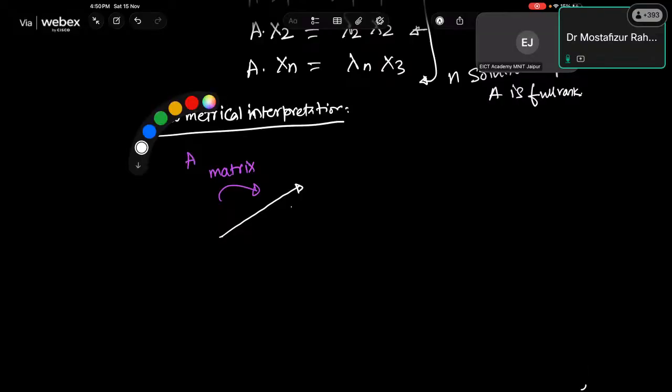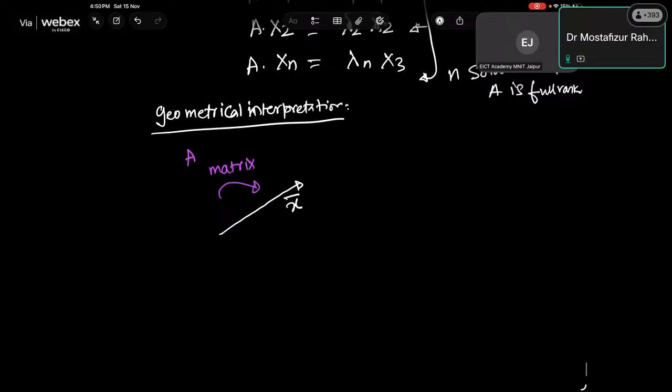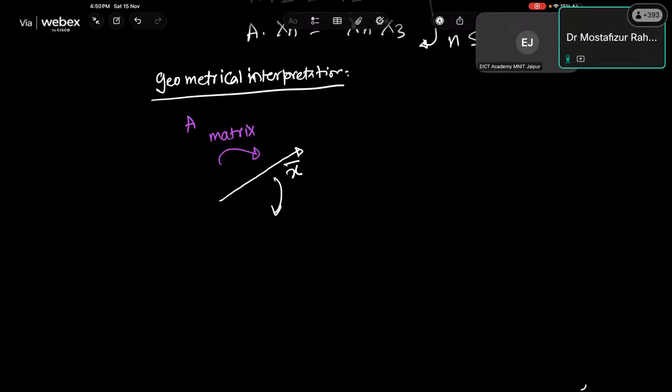The vector is, say, x. Now what actually does a matrix do is basically either it changes the direction of the vector, or it does stretching of the vector. These are the two main things a matrix does on a vector.